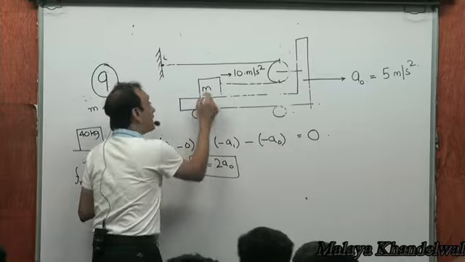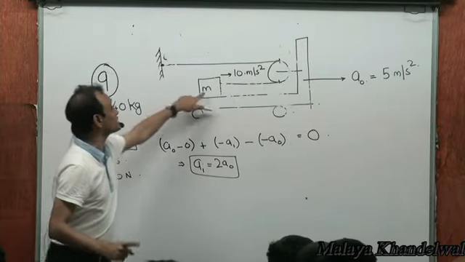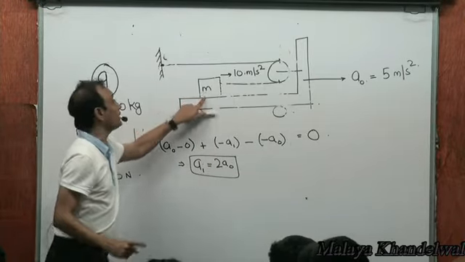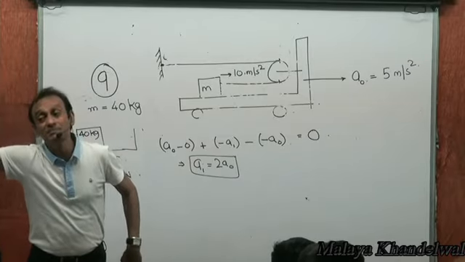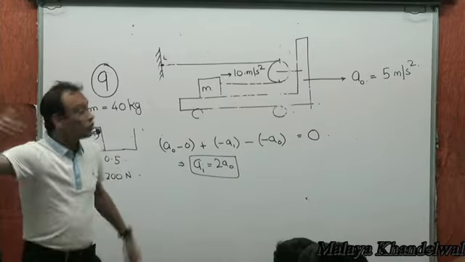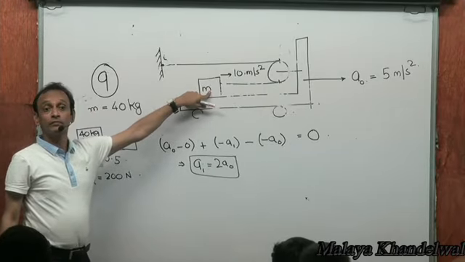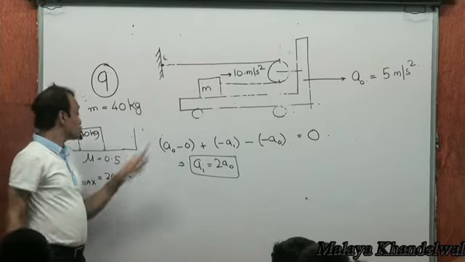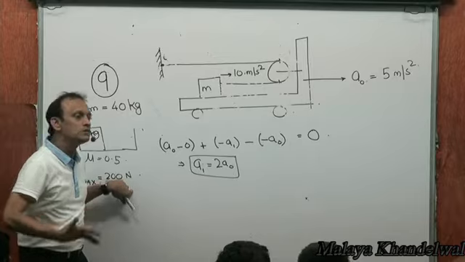And if there is relative motion between small m and the truck, as you can witness, then friction would have been kinetic in character and therefore approximately equal to maximum static. Yes or no? So the frictional force that the truck exerts on this block is 200 newtons. Kinetic, which is approximately equal to maximum static.